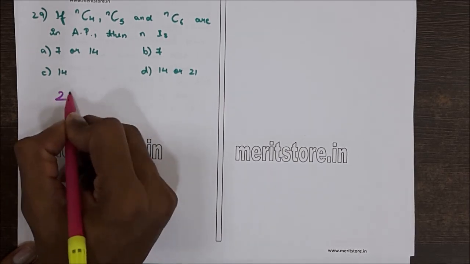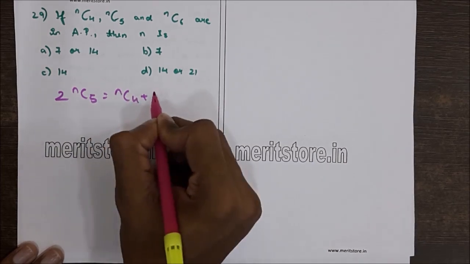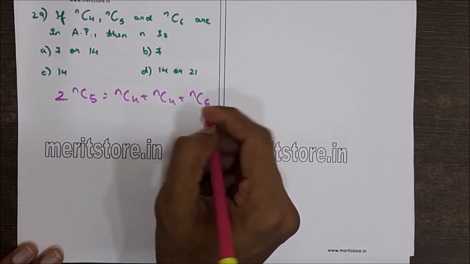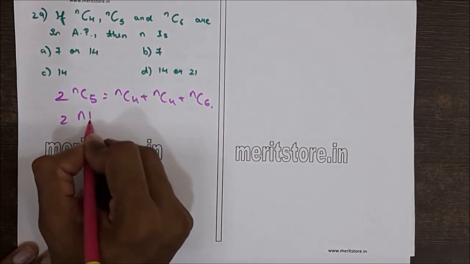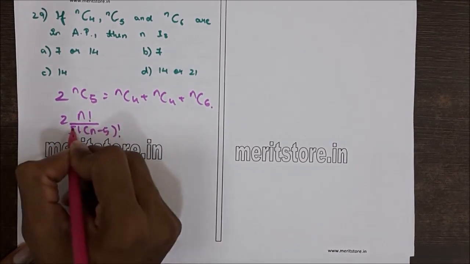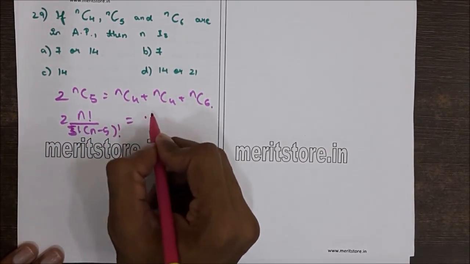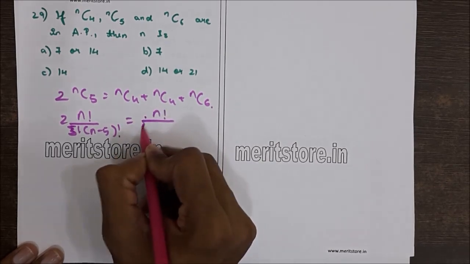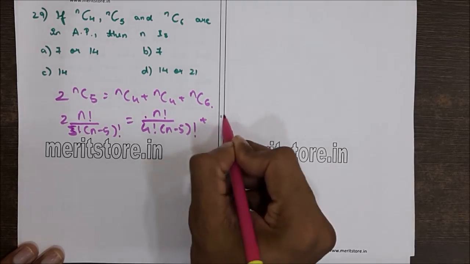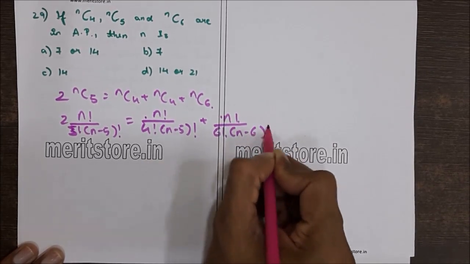So we can write this as 2 nC5 equal to nC4 plus nC6. This can be written as 2 of n factorial upon 5 factorial n minus 5 the whole factorial equal to n factorial upon 4 factorial n minus 4 factorial plus n factorial upon 6 factorial n minus 6 factorial.